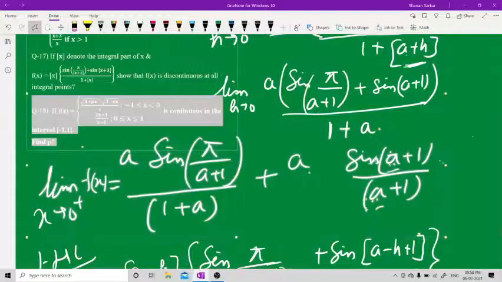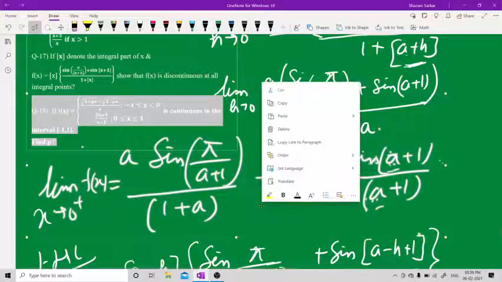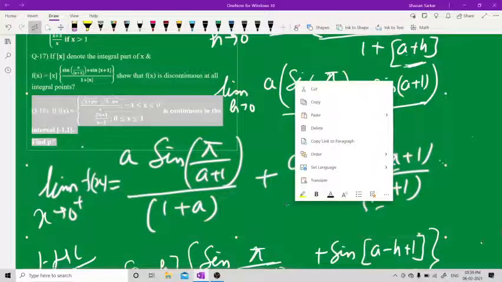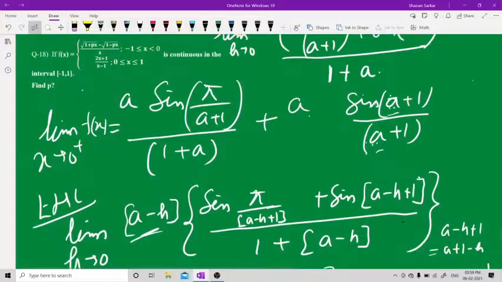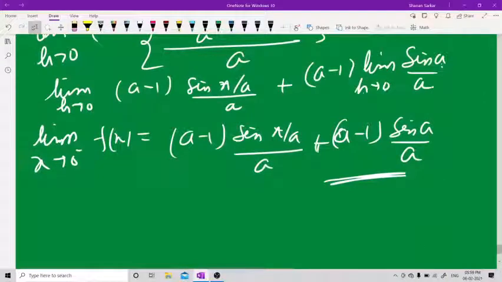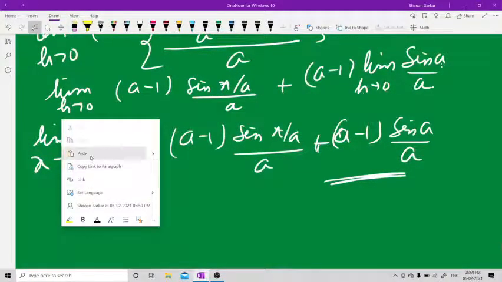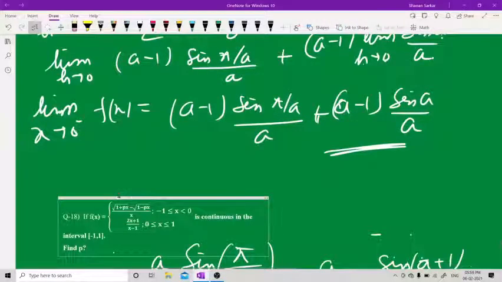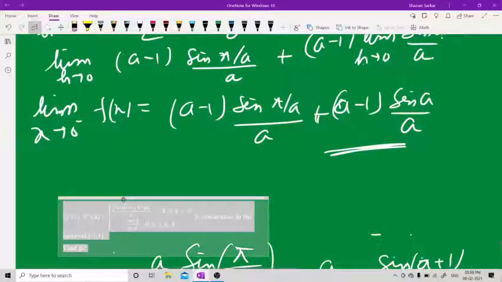Compare this. Let's copy this from here and bring it here. Wait a minute, it will be easier for us to compare.